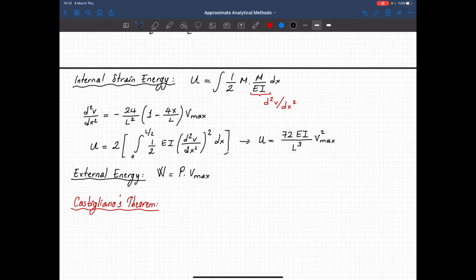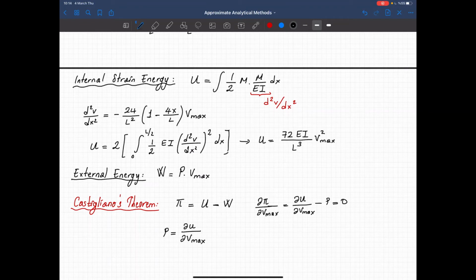Let's write the total potential energy, U minus W. So I'm taking derivative of P with respect to Vmax, that's my variable. So I have del U over del Vmax minus P equal to 0. And from that equation, I obtain P as del U over del Vmax.